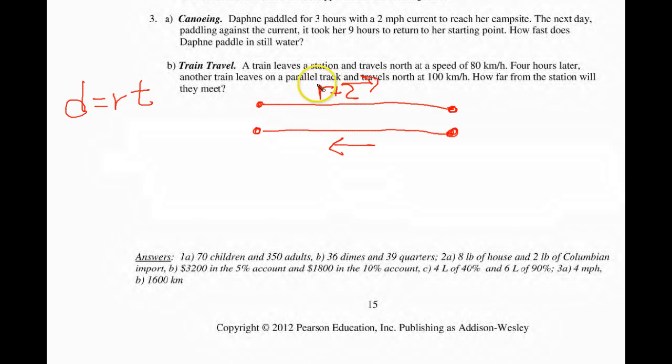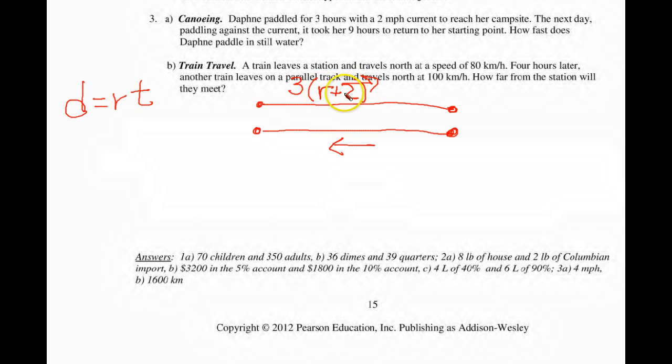So she's paddling at her rate plus the 2 miles per hour of the current, and she's doing this for 3 hours. So this is time times her rate. The rate that she's actually going is the rate she's paddling plus the speed of the current.